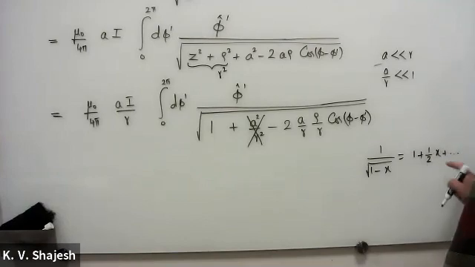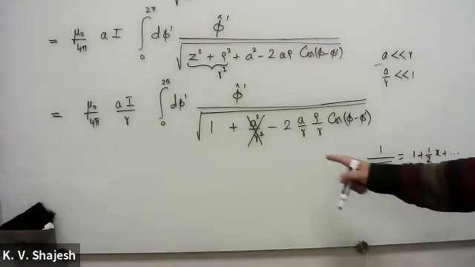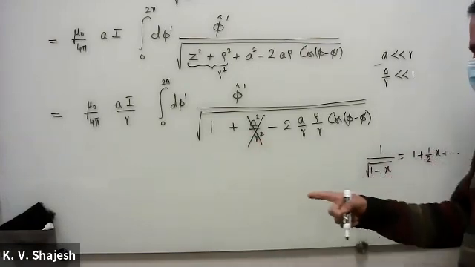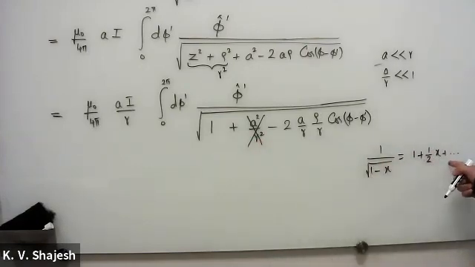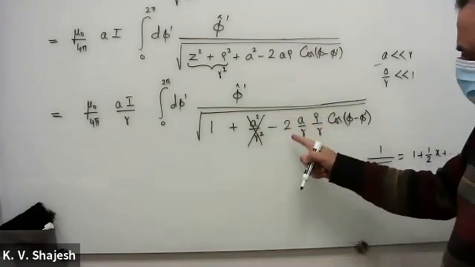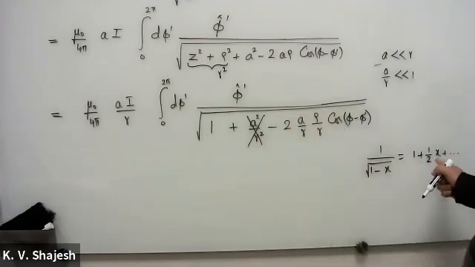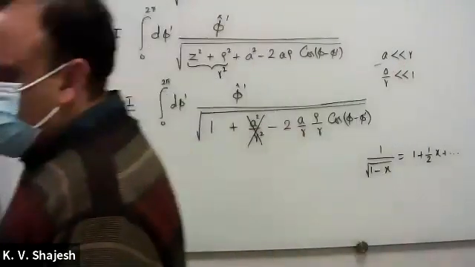Plus there are higher terms, that is x squared. But anyway, I have decided to drop the x squared, so I don't keep this term. So this square root quantity can be expanded as 1 plus 1 by 2 of this whole thing, which will act like x. Any questions there?